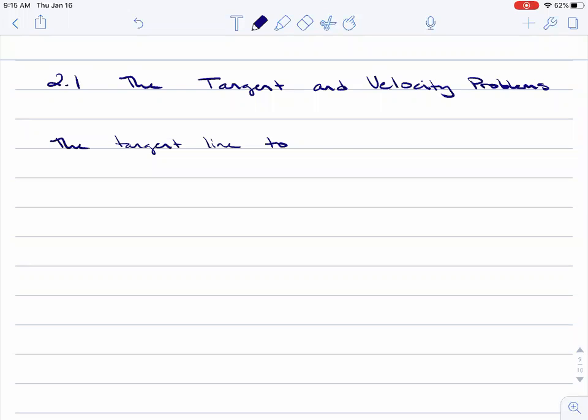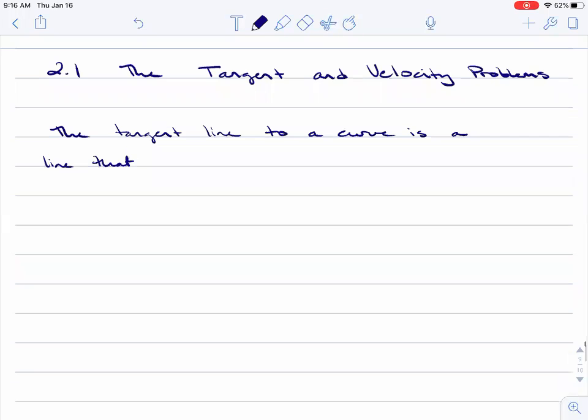to a curve is a line that touches the curve at only one point. And has the same direction as the curve.